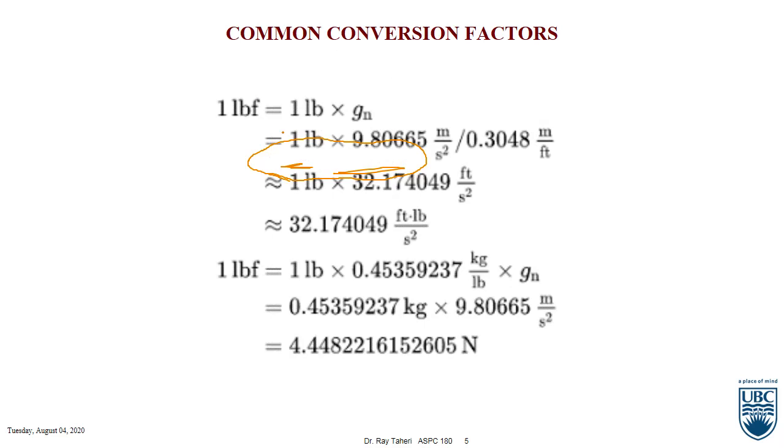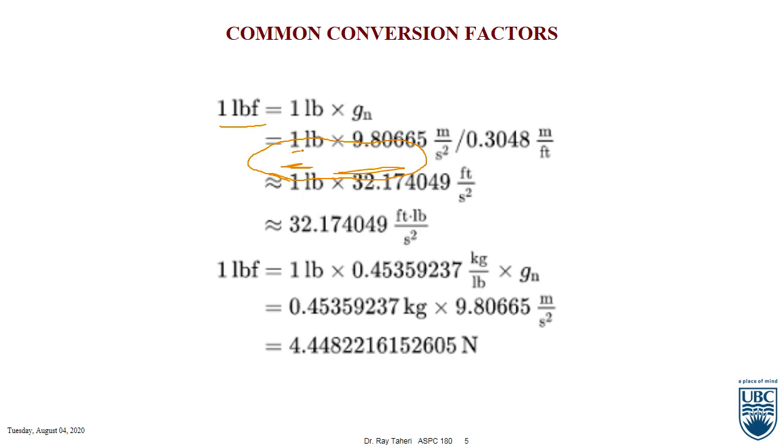So the calculation here is 1 pound, obviously pound force. You want to convert that from pound force to Newton, and we know the Newton is meter divided by square second, multiplied by mass, F equals ma.